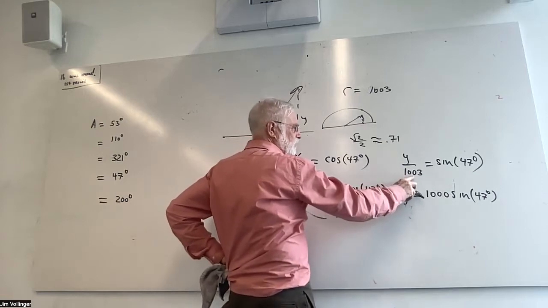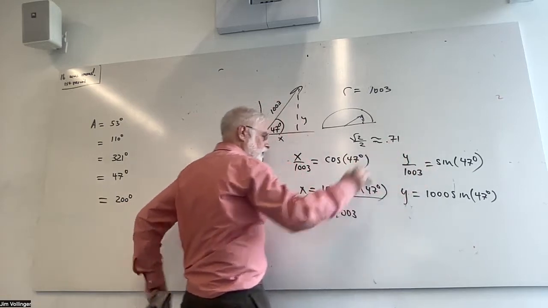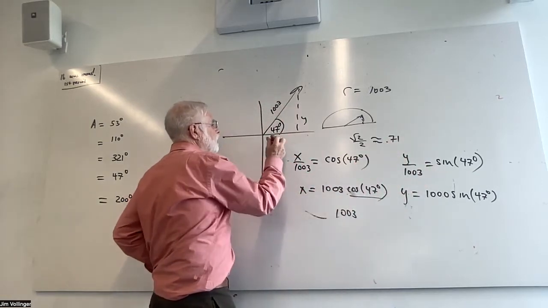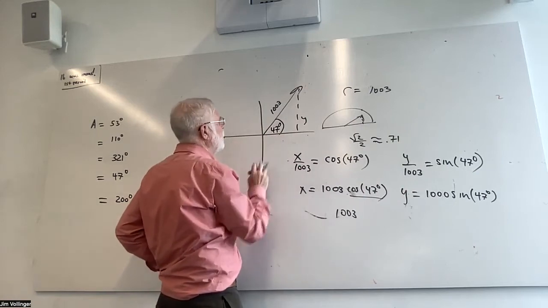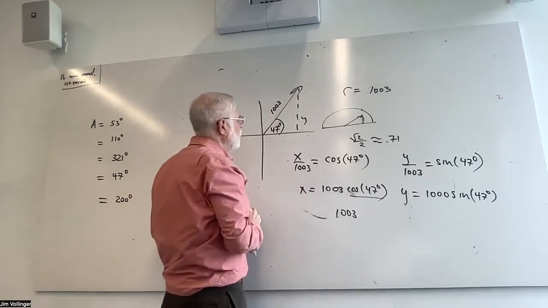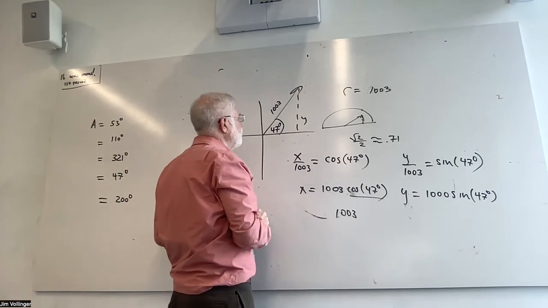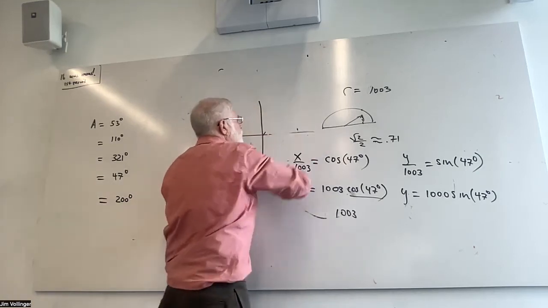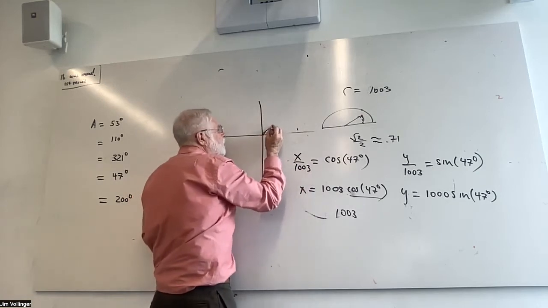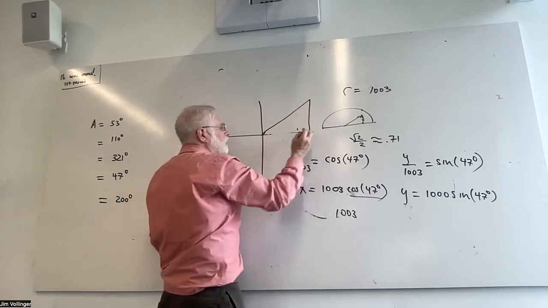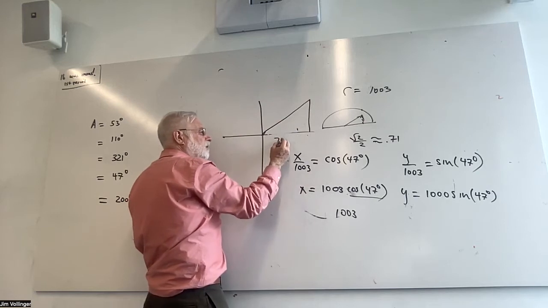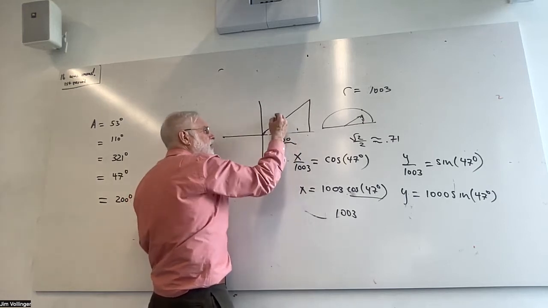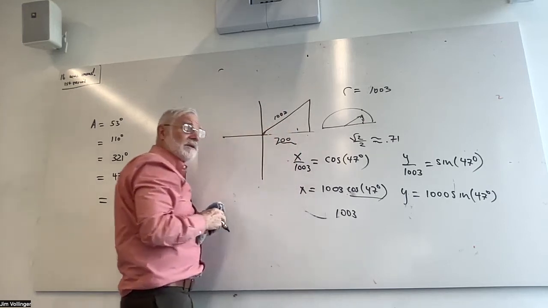So 7/10 of this is around 700 for a length, and hopefully that drawing, I don't think it's drawn too well to scale. That looks more like a 60, closer to 60 than 47. 47 would have almost split it in half. So I'm hoping that x looks more to be in the 700 range, out of 1003. Hopefully that makes sense to you.